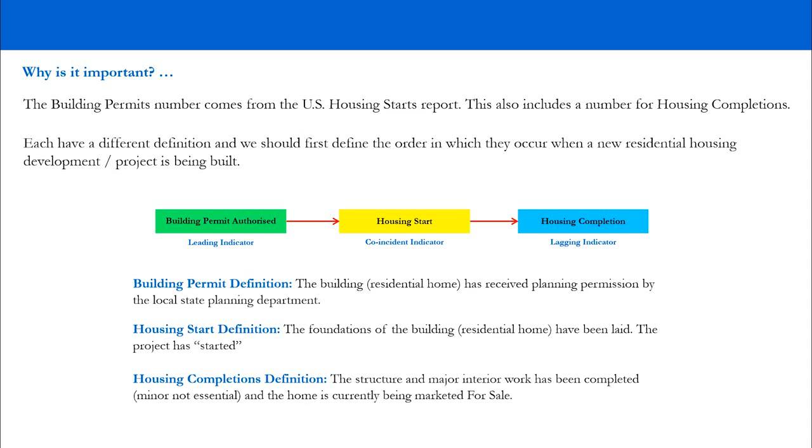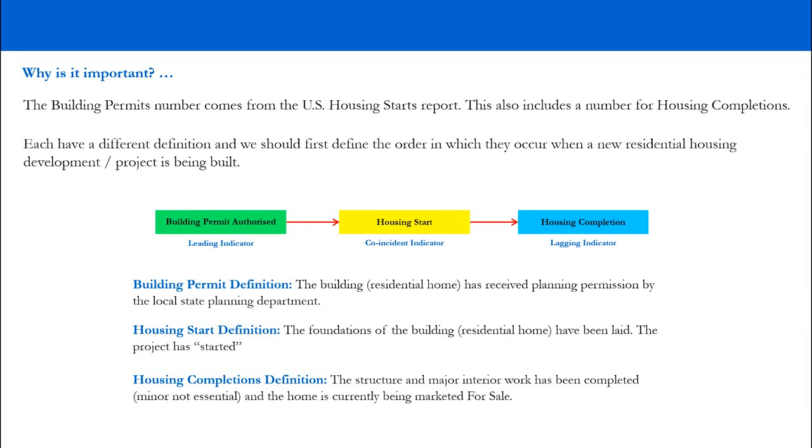If the building permits number is very, very low, so the amount of applications statewide that go into local state planning departments is really low, then it means that there's going to be fewer housing projects started, so fewer housing starts, and therefore further down the line, fewer completions.